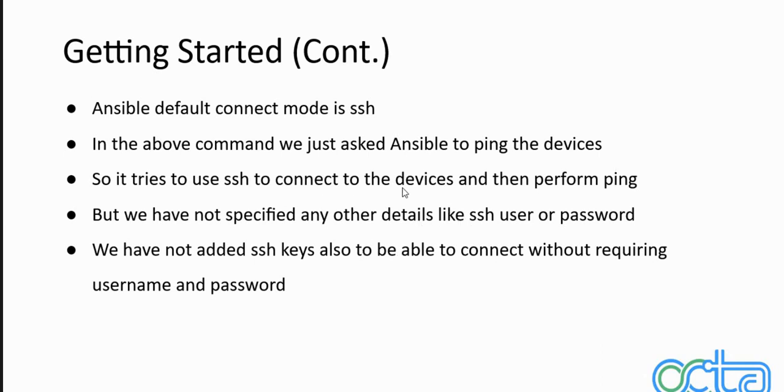Even before that, we have not provided any other details. We have not told Ansible how to connect over SSH, whether it is using keys or user and password. If it is user and password, we have not given any user or password. If it is keys, we have not set up any keys. So it doesn't understand how to do it. So it said, I'm not able to connect to network devices using this.